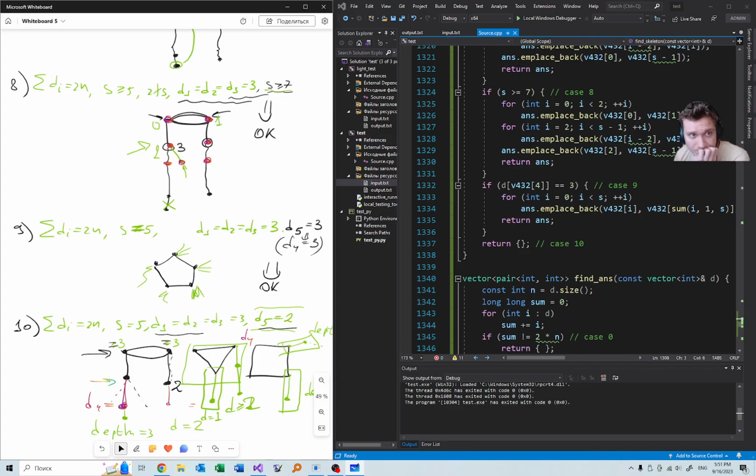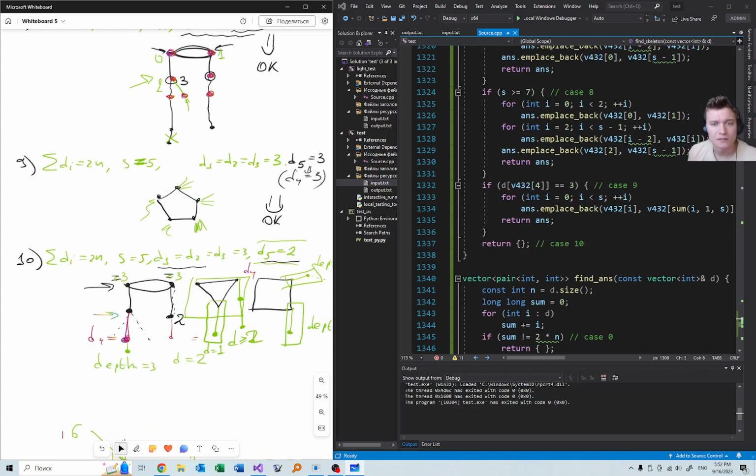Maybe here is the error. So s equals 5. All the degrees are 3.